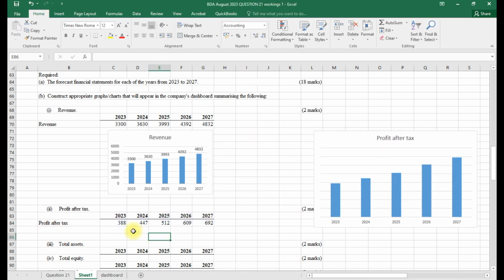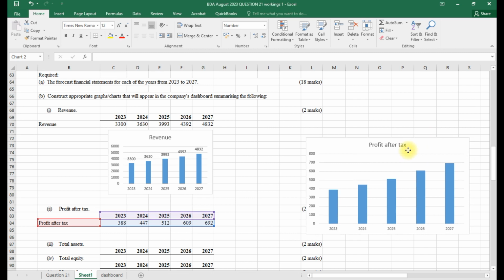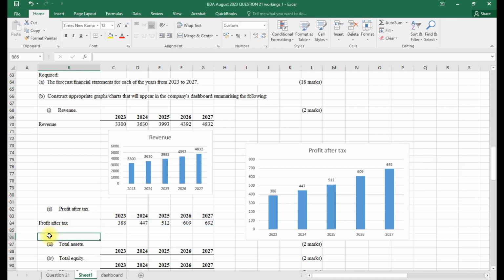With the bar, I will convert this into number so that it will pick that way. I'll then adjust to include the data label. So that is our profit after tax for each particular year.